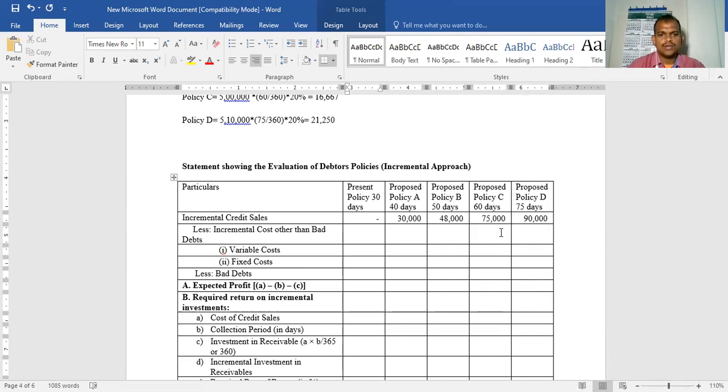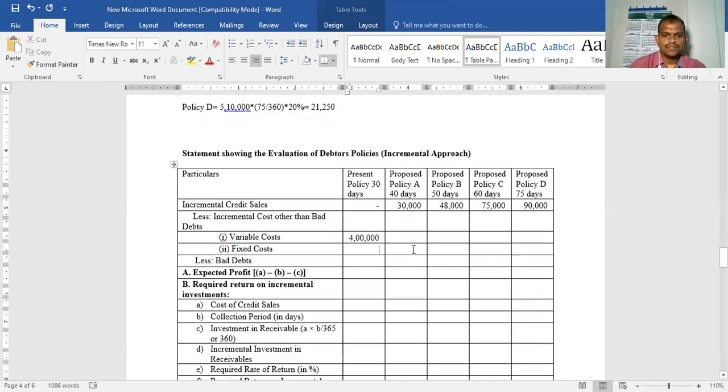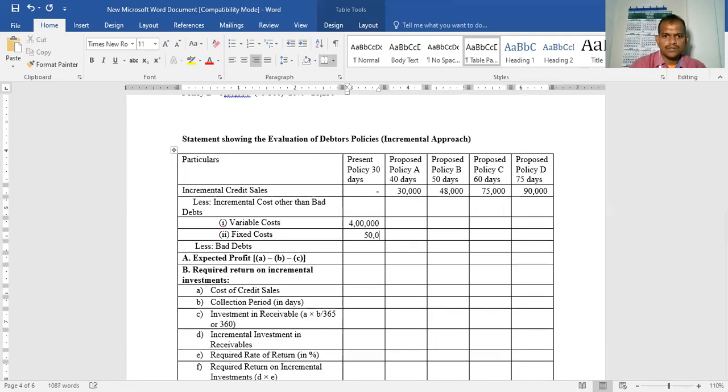Incremental cost other than bad debts, so variable cost and fixed cost. Variable cost is 4 lakhs and fixed cost is 50,000.